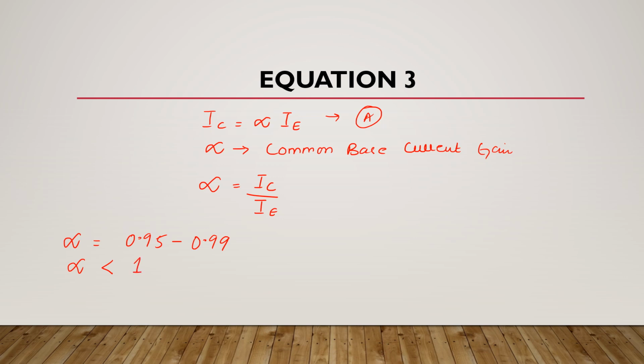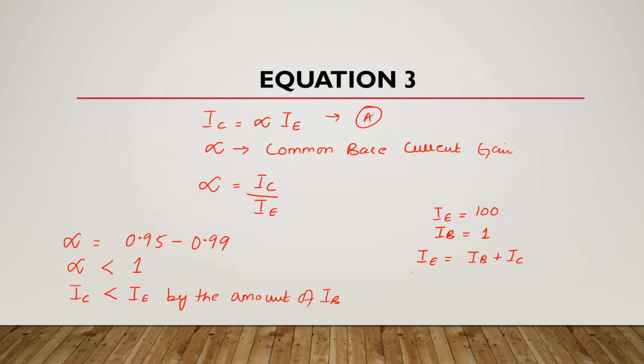Why? Because the collector current is always slightly less than emitter current by the amount of base current IB. It means if emitter current IE is 100 and base current IB is 1, then from equation 1 we know that IE is equal to IB plus IC.